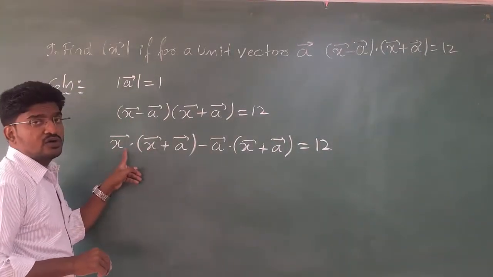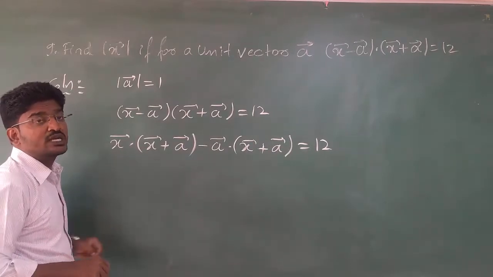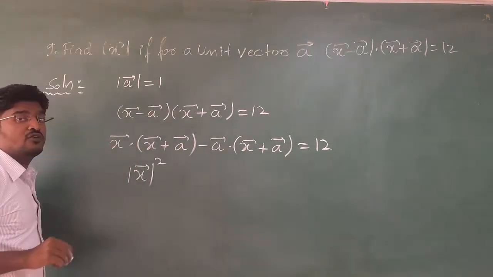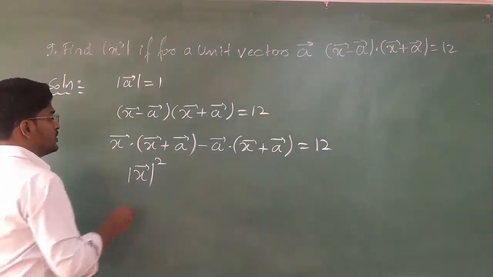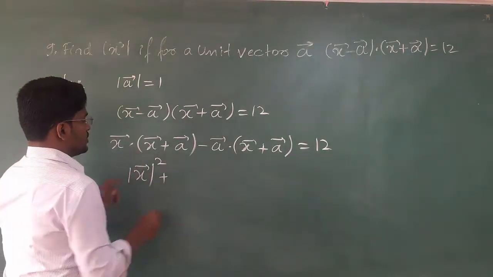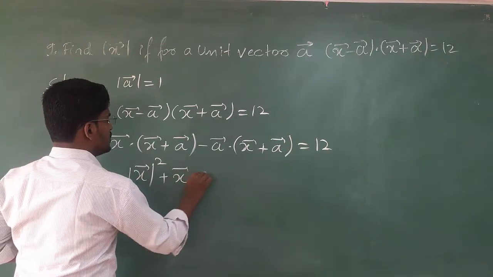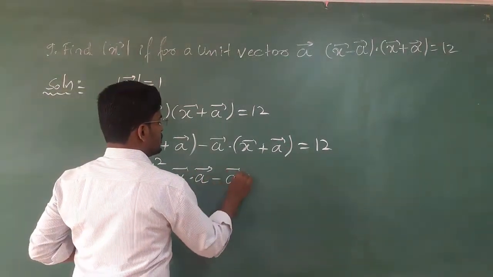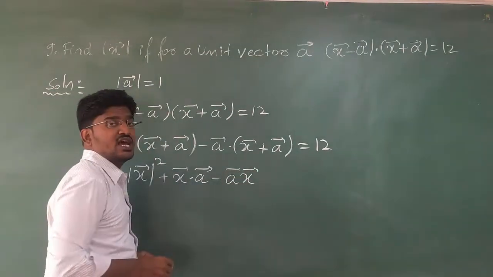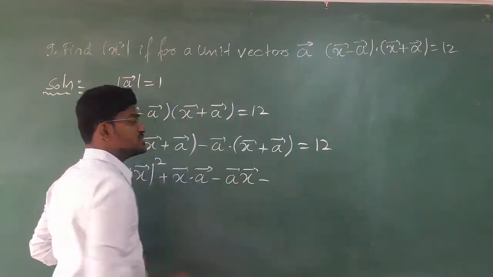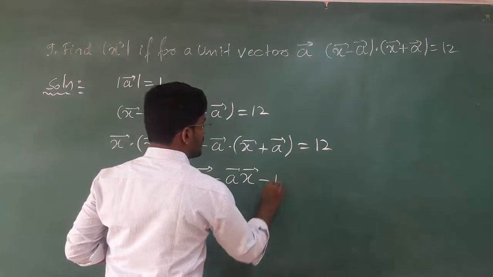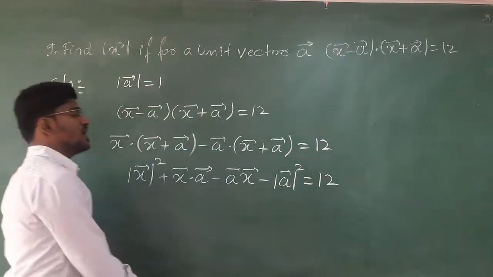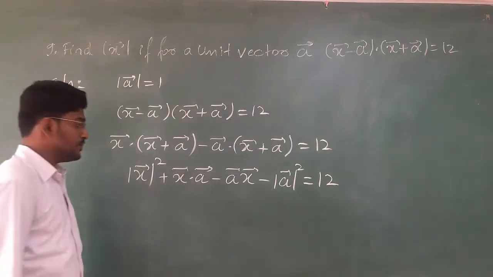As you all know, if I make the dot product of the same vectors, it will be magnitude square of that vector, plus vector x dot vector A minus vector A dot vector x, plus into minus is minus A dot A, which is magnitude of vector A square, and this is equal to 12.